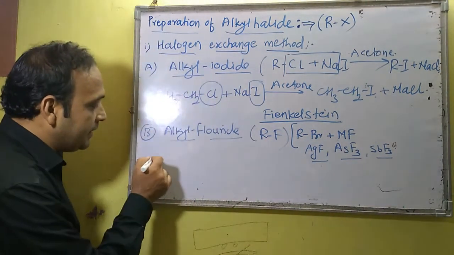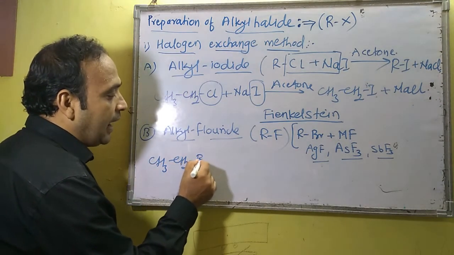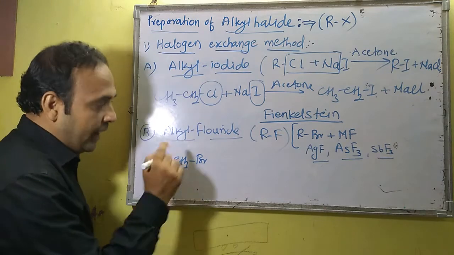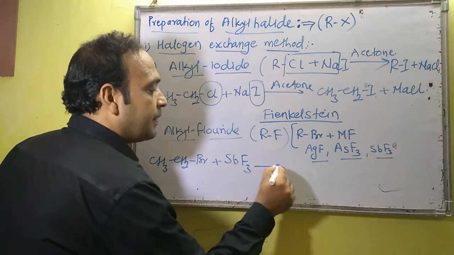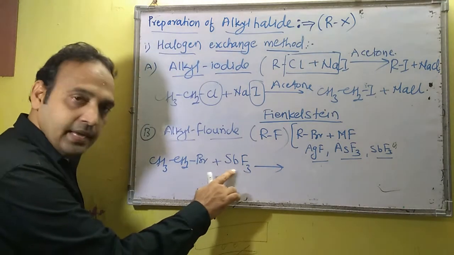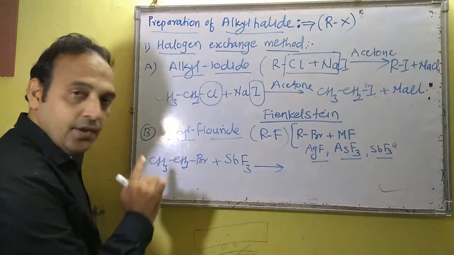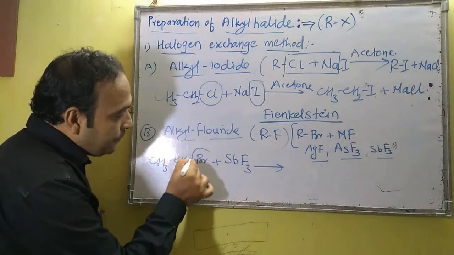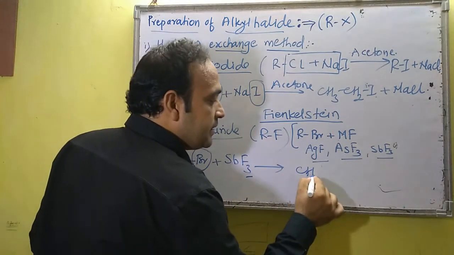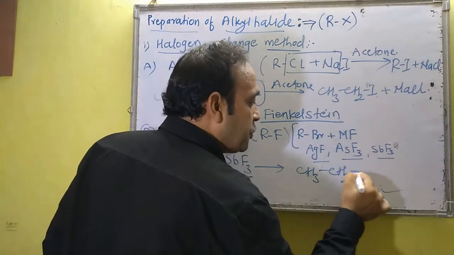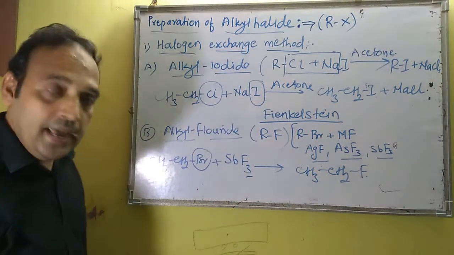Now I am writing here CH3CH2Br, ethyl bromide, reacting with, suppose, SbF3, that is your antimony trifluoride. Now in this case Br is replaced by F, so my product is CH3CH2F.